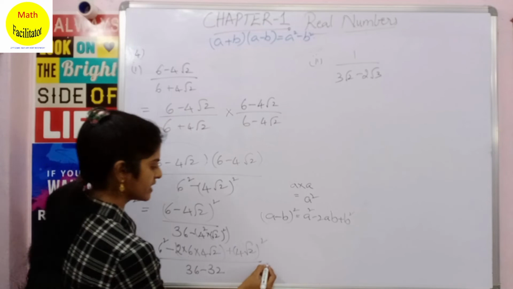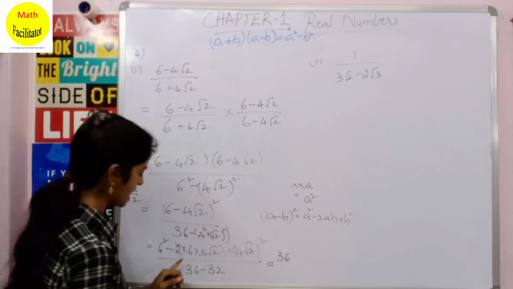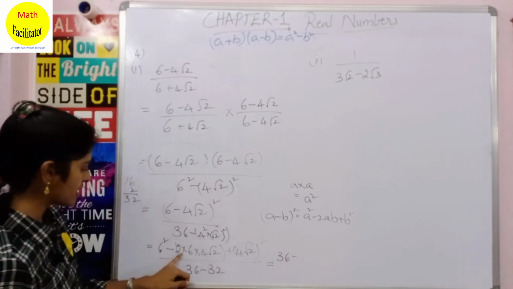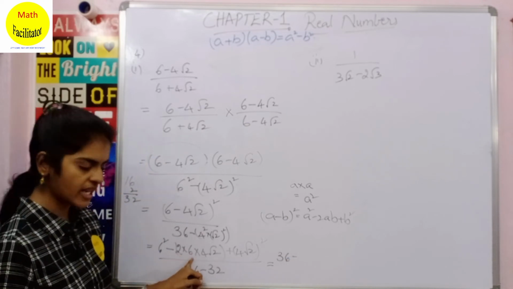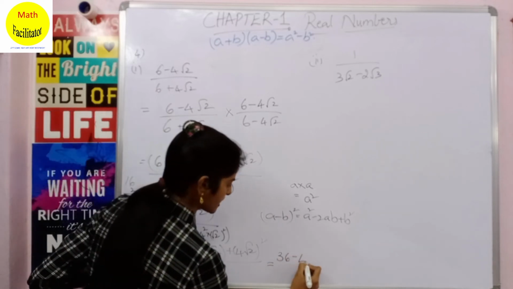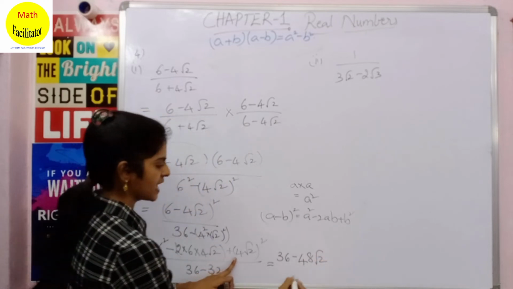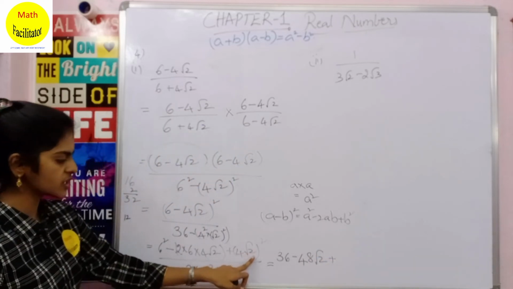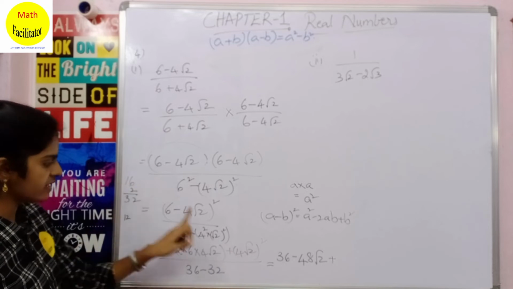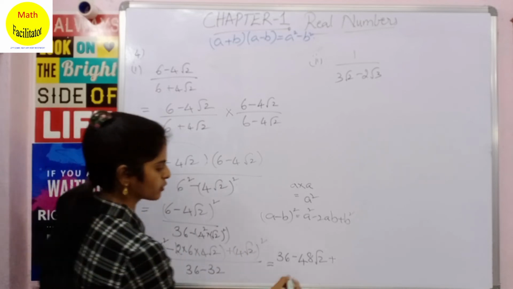So this is nothing but, now 6 square is 36. Now minus, you have 2 6s are 12, 12 into 4 is what? 12 4s are 48 and you have a root 2. So 48 root 2 plus, now 4 root 2 whole square is, 4 square is 16 and root 2 square is 2. So 16 into 2 is 32.